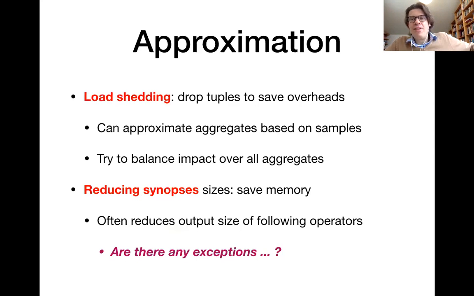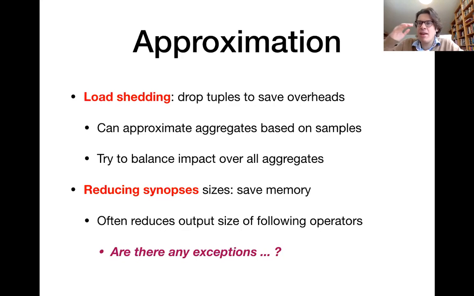So they consider in general load shedding, which means that we don't process certain tuples in order to save overheads. And if you have, for instance, a query in the system that calculates aggregates, then even if you don't process some of the input tuples, at least you can still get some kind of sample for the aggregate input, and you can calculate things like confidence bounds, for instance.